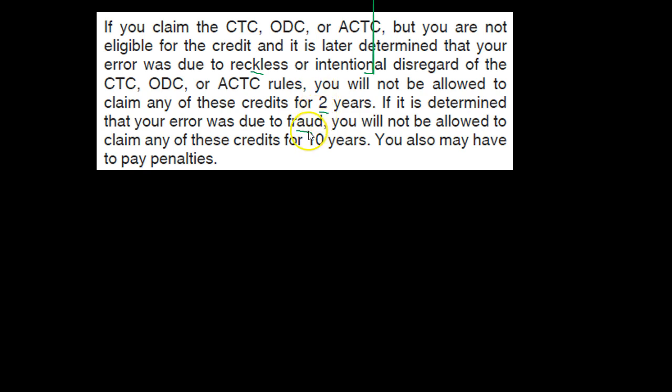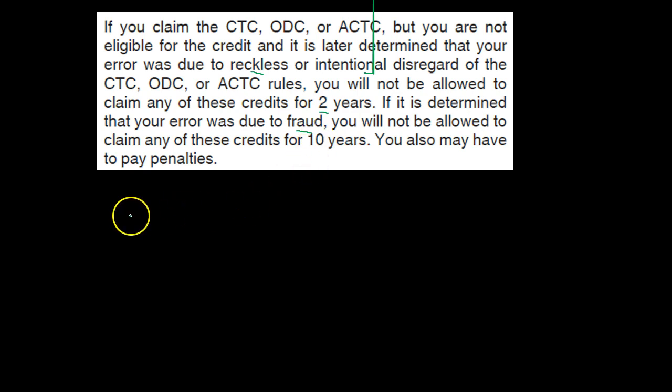Now, if it's fraud, that again comes down to intention. So intent, that now they're saying that you purposely and maliciously or intentionally deceived. Fraud has an element of deceit, which again is something that's really difficult to prove in court, how do you know reckless versus intentional disregard versus deceit or fraud? But conceptually we know what those things are. So in any case, fraud, intentional, would be the most severe.